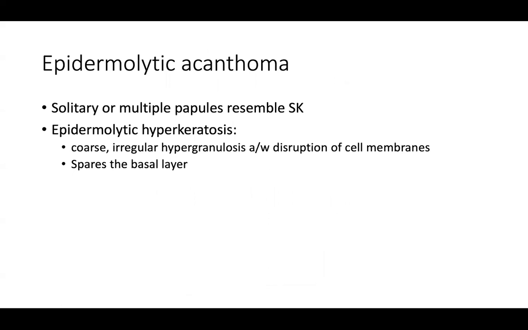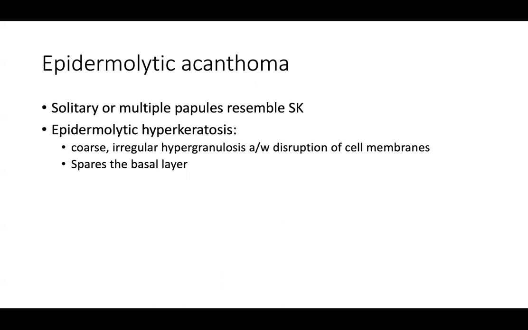Epidermolytic acanthoma. If you know what epidermolytic hyperkeratosis looks like as a pattern, this is a single lesion that has that pattern within it. So solitary or multiple papules, which may resemble seborrheic keratoses, but you see this kind of lytic change to the keratinocytes throughout with overlying hyperkeratosis.